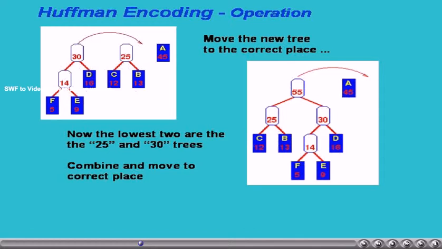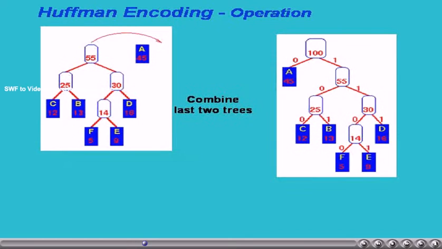Now the lowest two are the internal nodes 25 and 30. They are added now, and then the resultant internal node is moved into the correct place. Now we combine the last two trees. The result is as shown in the figure.